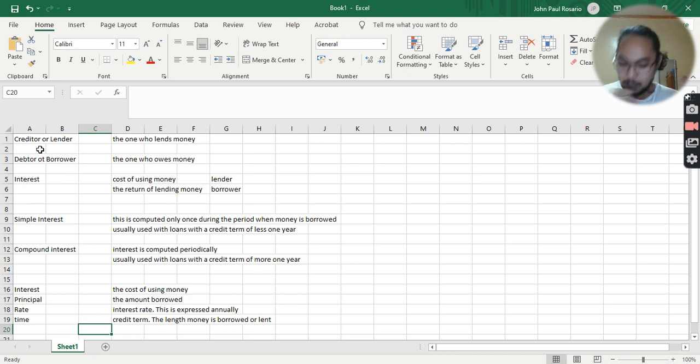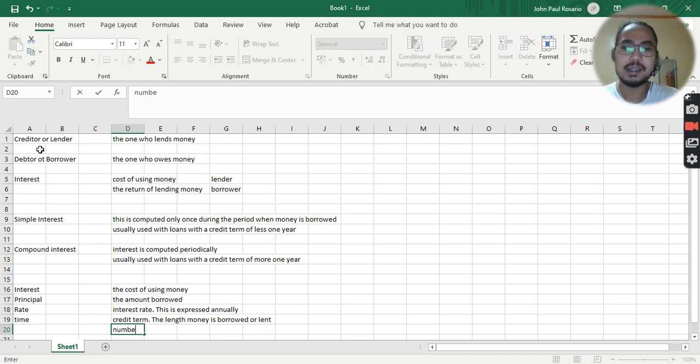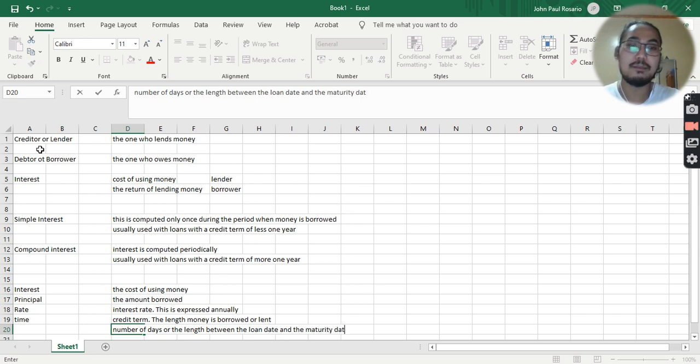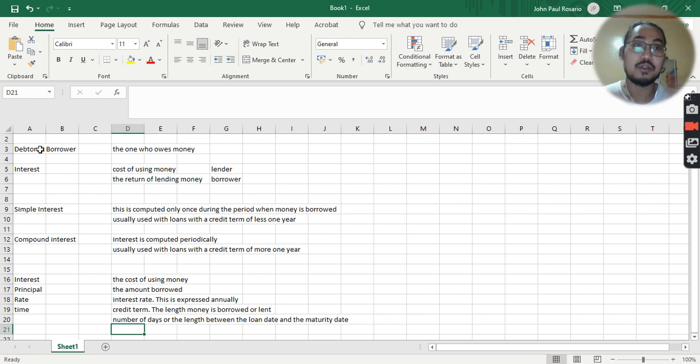Now, for that time, this is the number of days or the length between the, what do you call this one? Loan date. So katong date nga nangutang ka and the maturity date. Maturity date is kung kanus-a nimo bayaran ang utang, kanus-a siya mo-due.